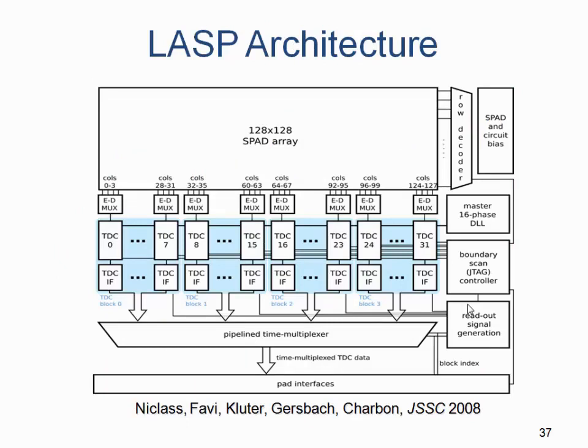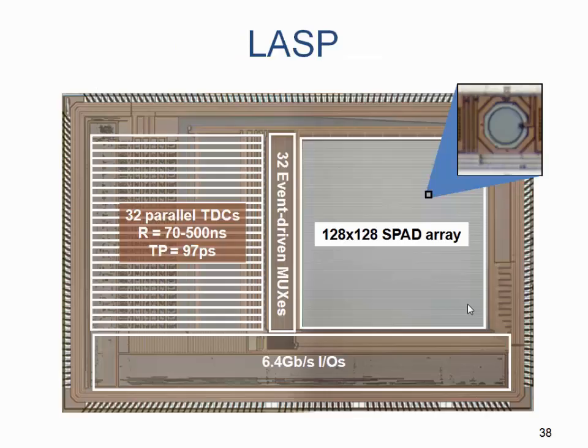In this architecture, we built a 128 by 128 SPAD array with 32 TDCs, or time-to-digital converters. Essentially, TDCs are chronometers that have a resolution of the order of picoseconds. This allows, with a certain level of parallelism, constructing several measurements of the time of arrival, and therefore reconstructing a histogram that you can then use for reconstructing your 3D image.